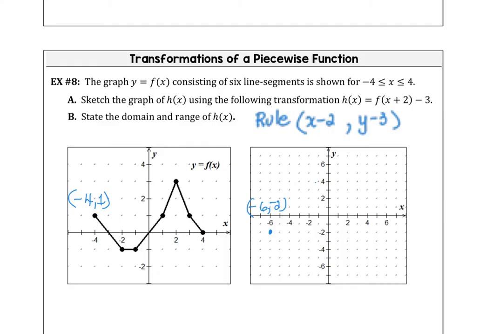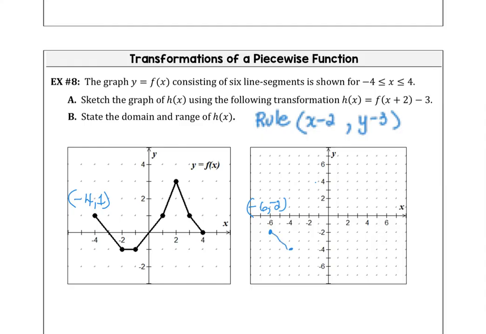Now, I'm going to just copy that we're going 2 units down and 2 units right. So thinking along those lines, 2 units down and 2 units right puts you at -4, -4.